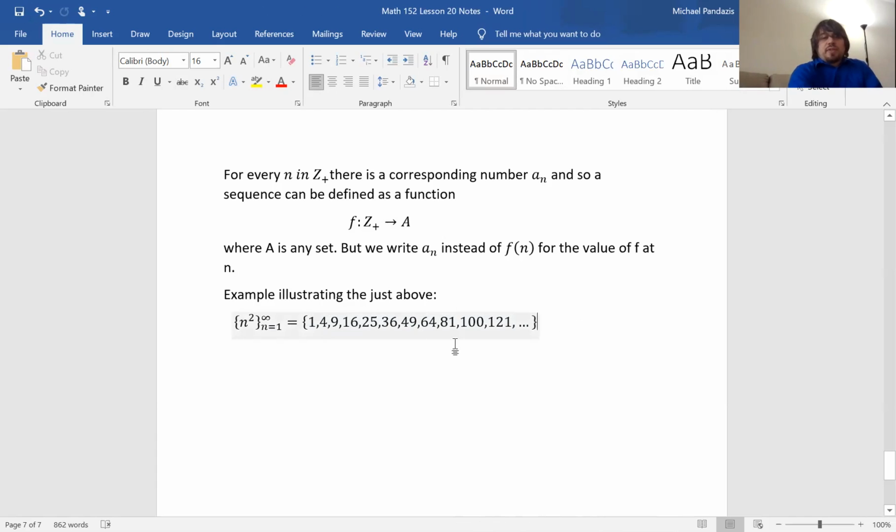So the first term is 1, the second term is 4, the third term is 9, the fourth term is 16, and so forth. This is a list, this is a sequence. So instead of thinking of a sequence as a list with a definite order, you can think of it mathematically as a function from the positive integers to A, where A is any set.